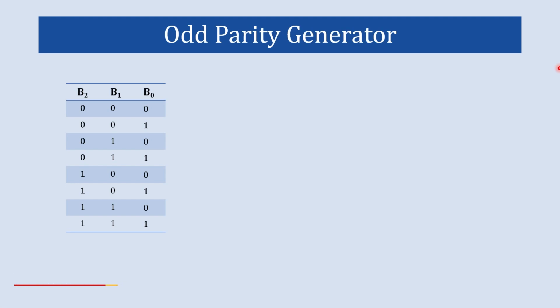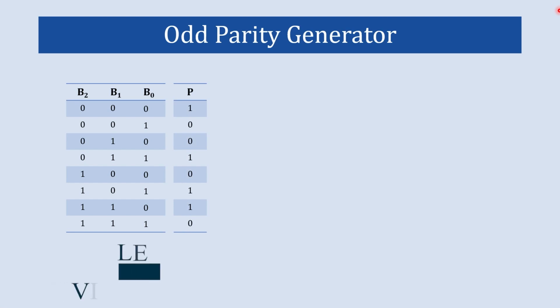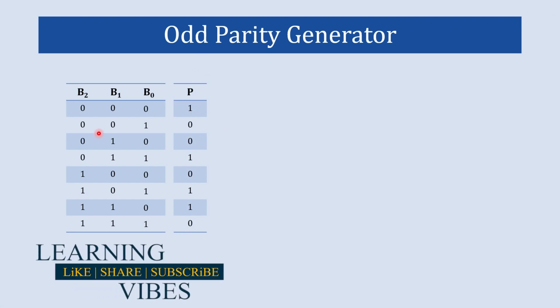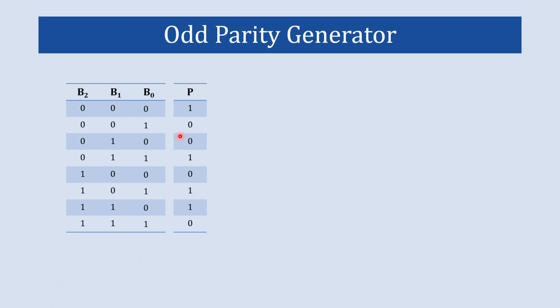So tell me, what is the definition of odd parity? The definition is: total ones in data including parity bit should be an odd number. So as per the definition, the parity bit for all these 8 possible combinations are like this. You can see in all 8 possible combinations, the total count of ones including data and parity bit will be an odd number.